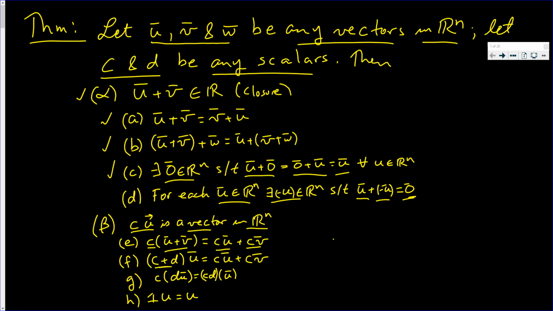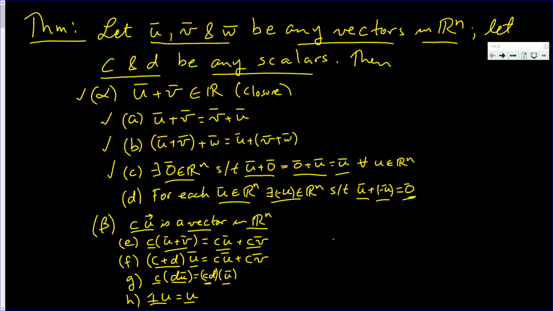If you have a sum of scalars times u, you can distribute the scalars. If you have c times du, you can collect the scalars and multiply it by u.